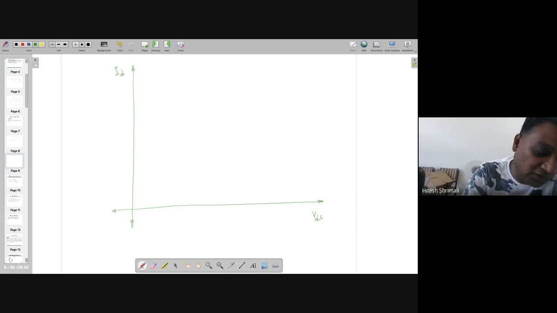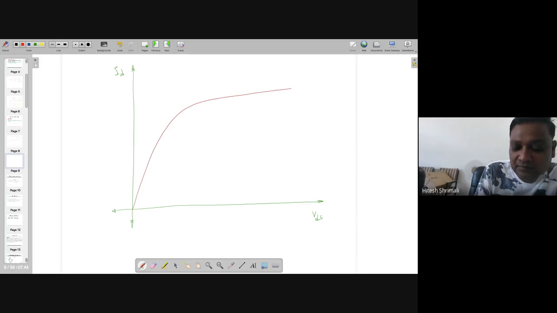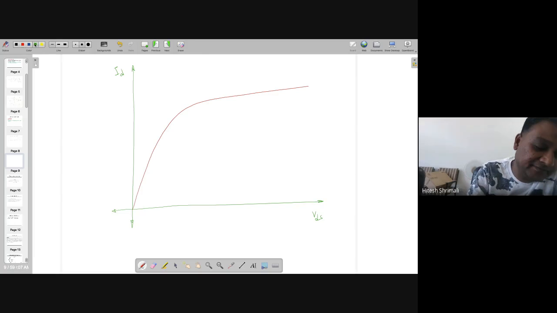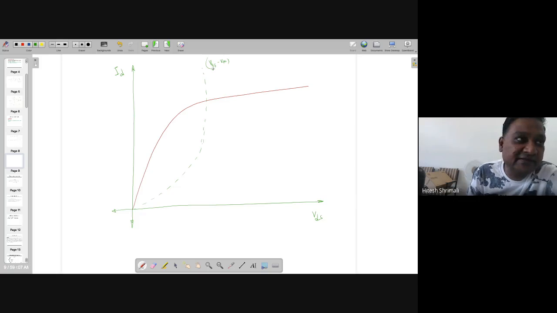If you draw that, then it looks like this. And there is one parabolic line which is actually VGS minus VTH. So if your output is going this side, it's known as saturation.